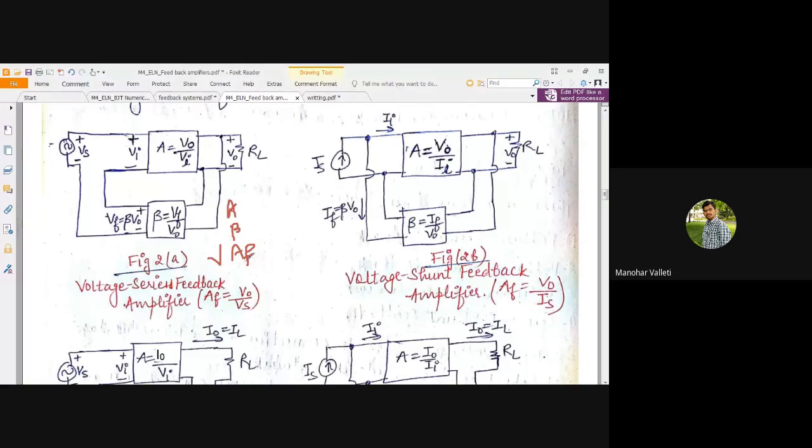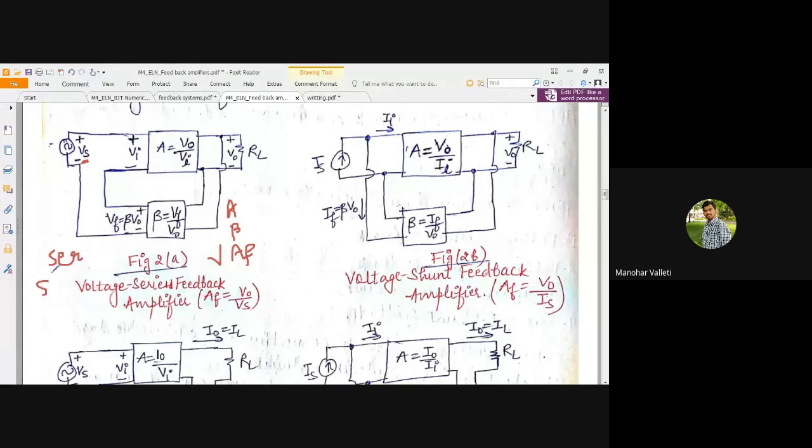For the rest of the feedback connections, you need to know these three definitions. One more important point to remember: if the mixing is series mixing, then we consider a voltage source.